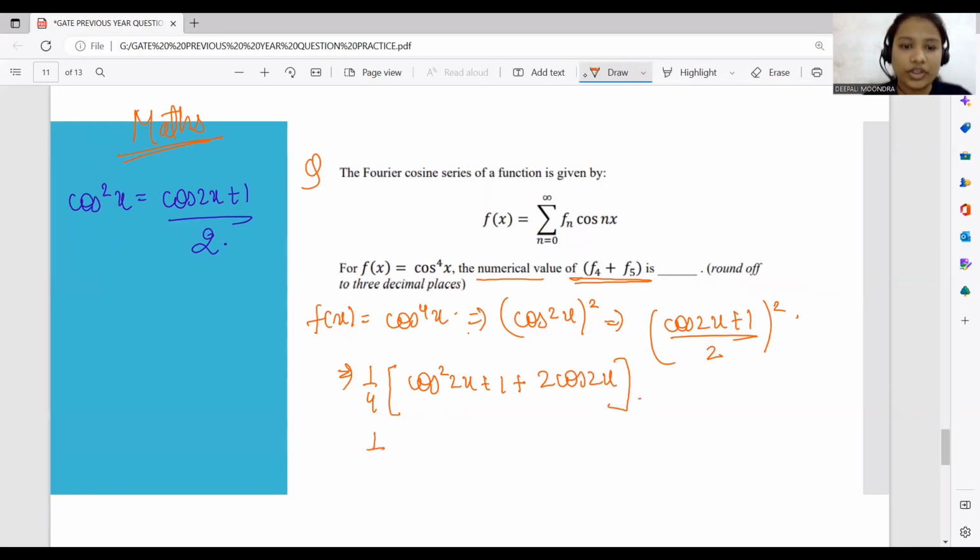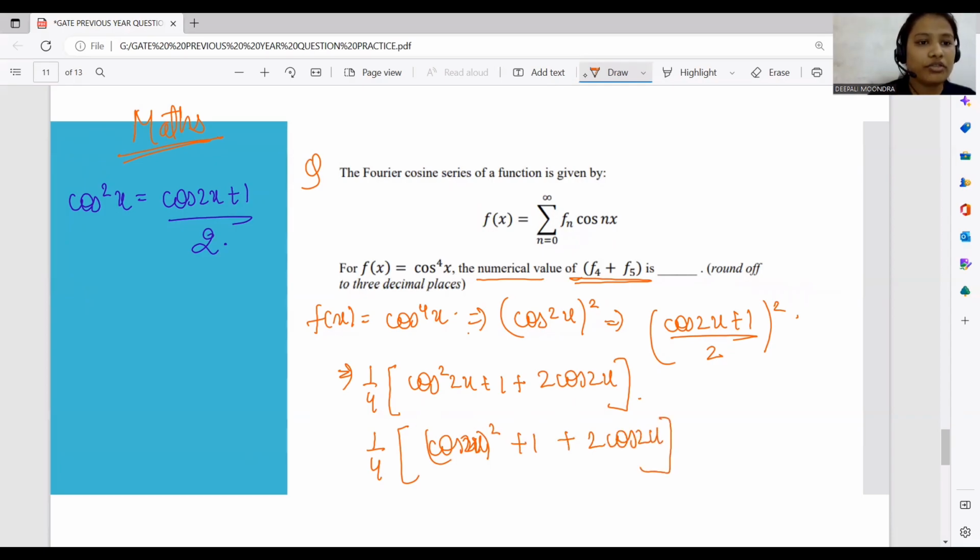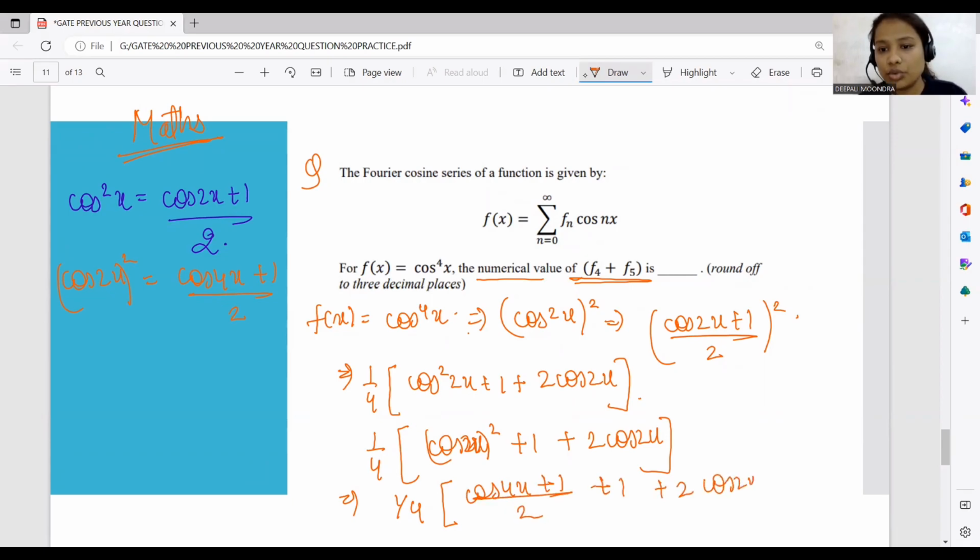Now again, we can see cos²2x, which can be written as (cos 4x + 1)/2, right? So now you will easily understand how to write it down: 1/4 of ((cos 4x + 1)/2 + 1 + 2 cos 2x).